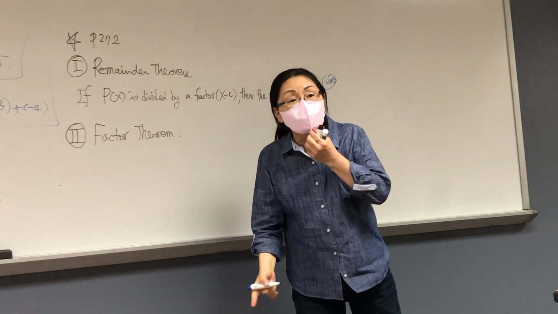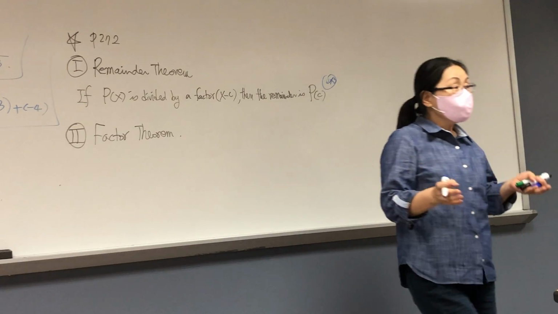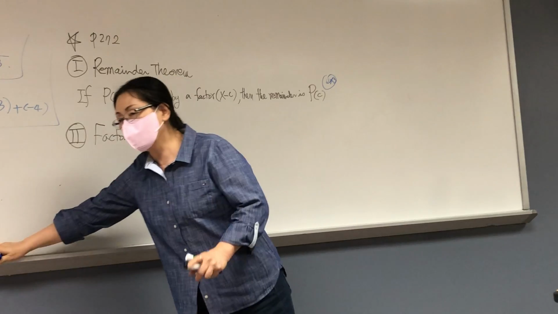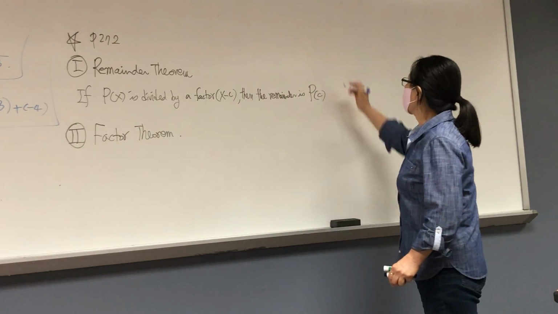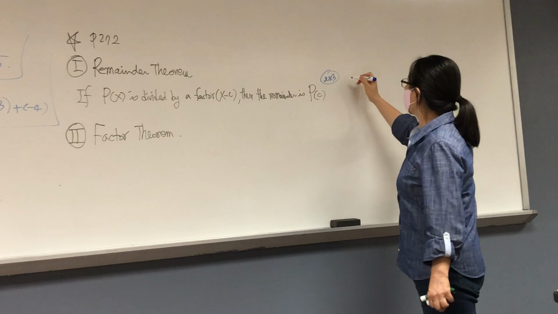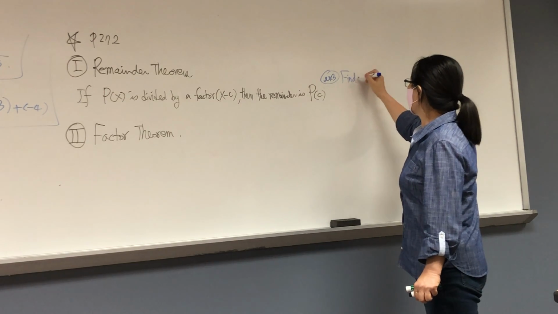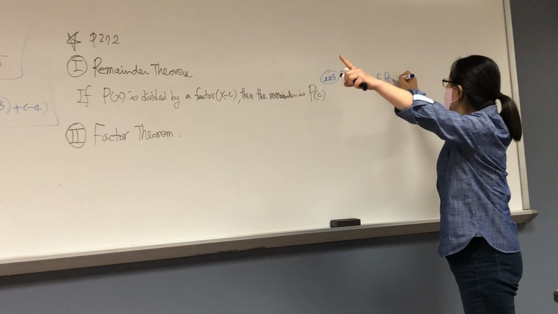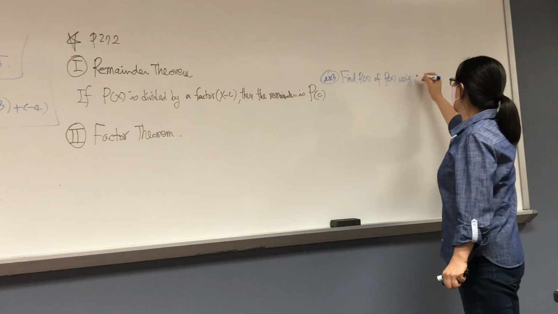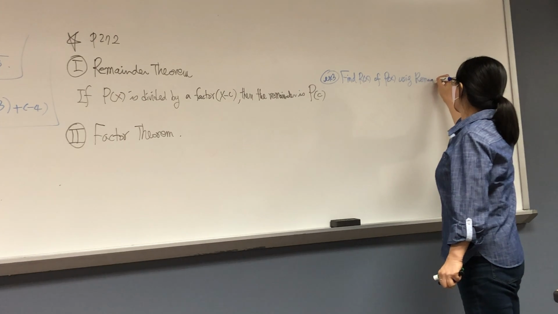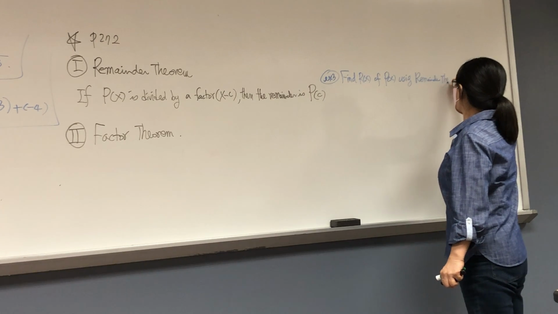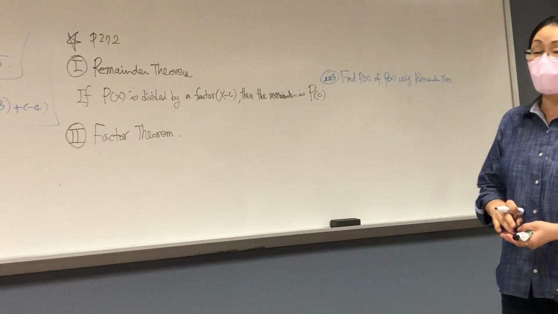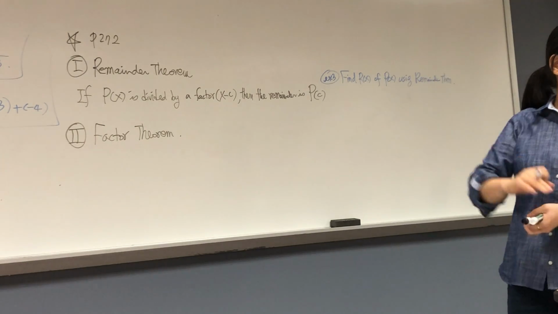Using a baby example, like the previous example 3. By synthetic division, we already know the remainder was negative 4, am I right? Same example 3. Find the remainder of P of x using the remainder theorem. What do they mean? Here we have to understand, what is your factor?